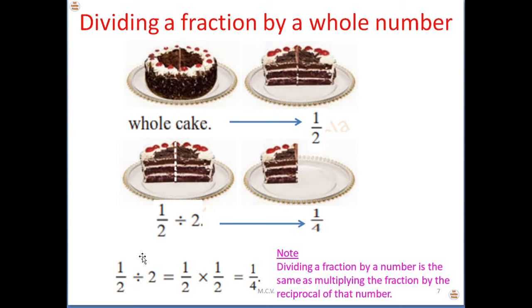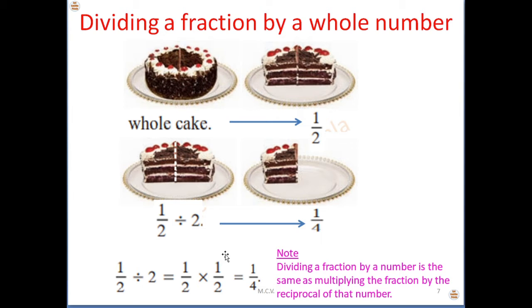Division of a fraction by a certain number is equal to the multiplication of that fraction by its reciprocal. This rule can be applied for mixed numbers, fractions, and whole numbers, all of them.